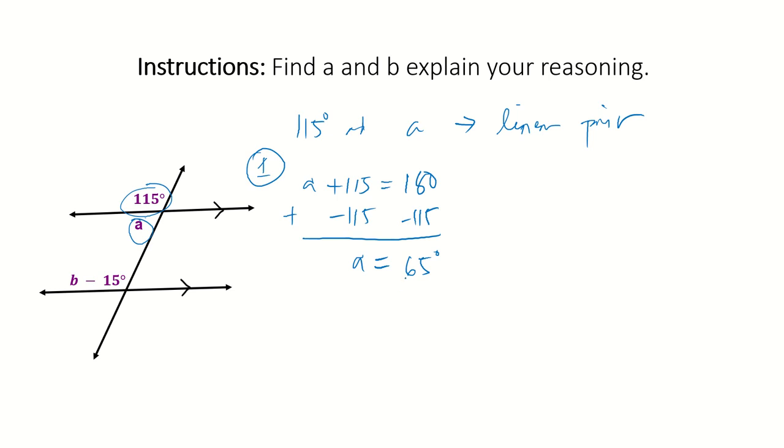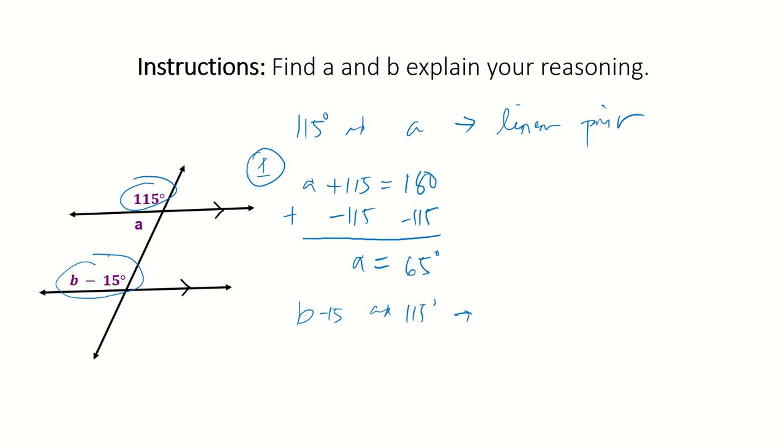Since you know what A is already, there are a lot of ways, but in my case I'll use B minus 15 and the angle with 115 degrees. First of all, you will see that they're non-adjacent.